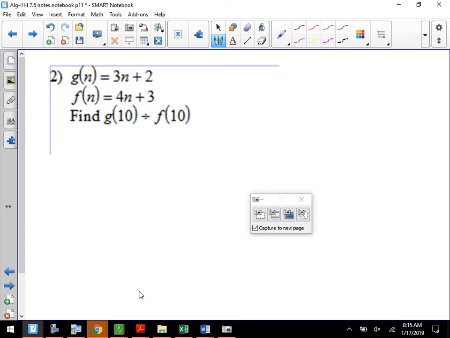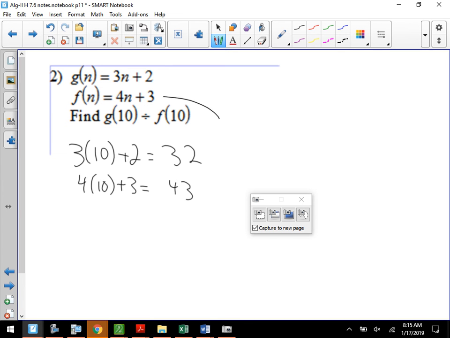We put 10 in for n in the g equation, so 3 times 10 plus 2 is how much? 32. Now if I do that for the f equation, 4 times 10 plus 3, I get 43. So g of 10 divided by f of 10 is 32 over 43, and you're done.